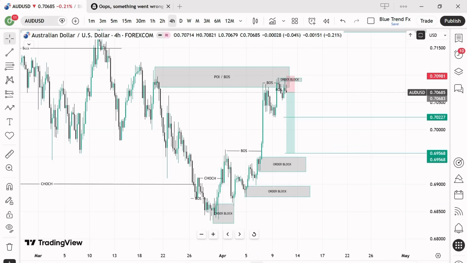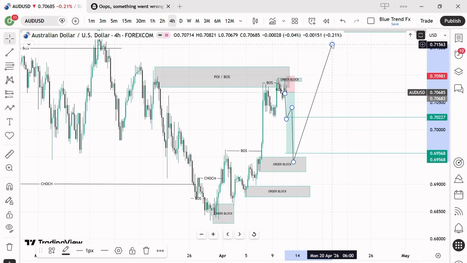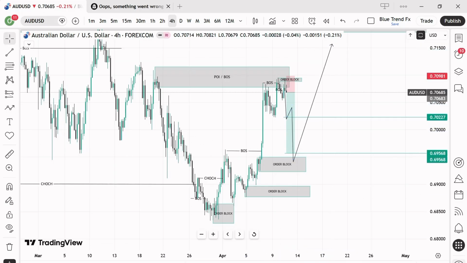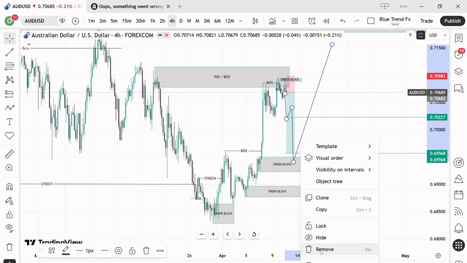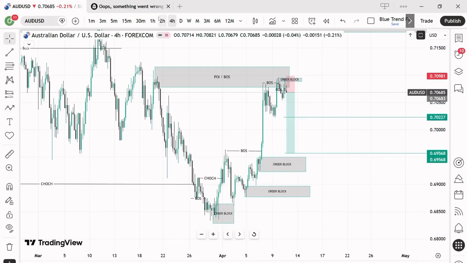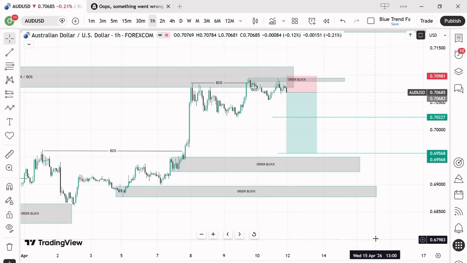However, I'll be expecting the market to drop to this level right here and continue its movement upward. That is what I'll be expecting of the market.